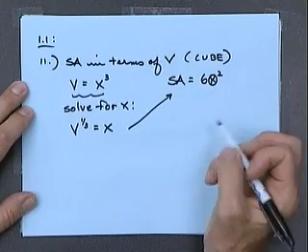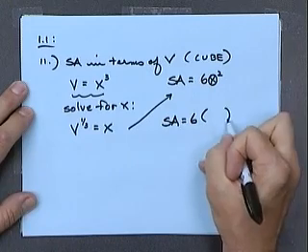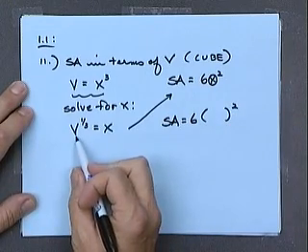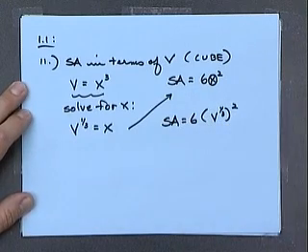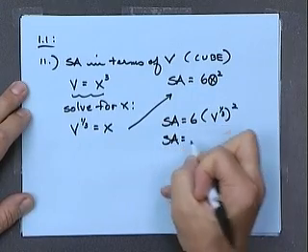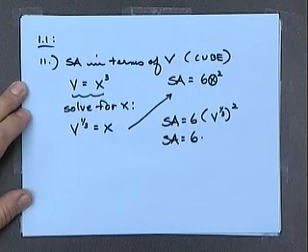Now to get our finishing solution, we want to come over here, and we now have surface area in terms of x, which is the side, but we do know what the side is. What is x equal to? It's the cube root of the volume. So we replace x with what x is equal to. 6 times what? V to the 2/3.